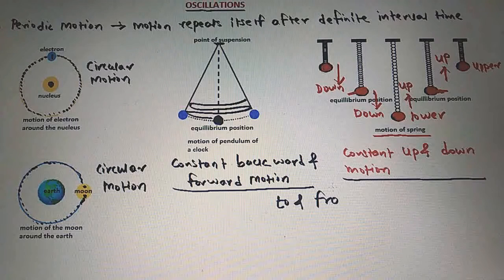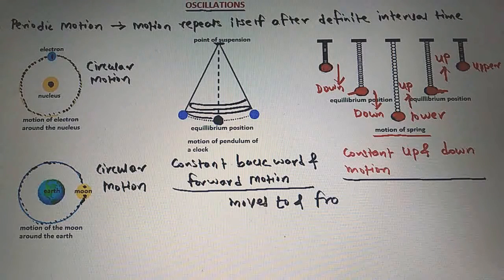Therefore, the motion of the pendulum of a clock is to and fro. Also, the motion of a spring is also to and fro. That means the pendulum of a clock moves to and fro, and a spring also moves to and fro. Both spring and pendulum move to and fro along the same path.